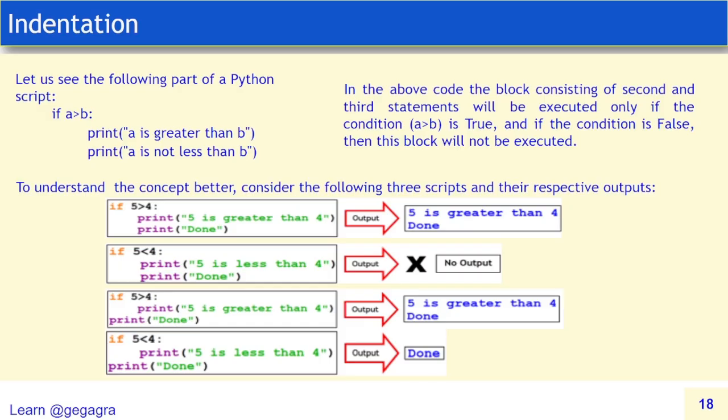Now next example, if 5 less than 4, since this condition is false, the statement under this condition, 5 is less than 4, will not be executed. Why? Because this condition is false. Since this condition is false, the next statement will be executed, and it will print done here.